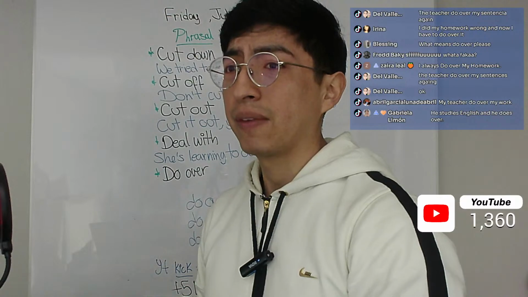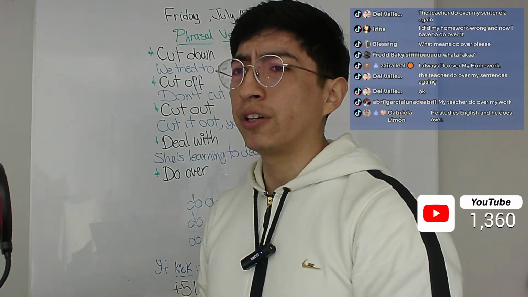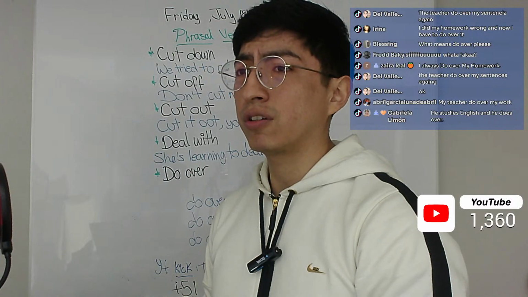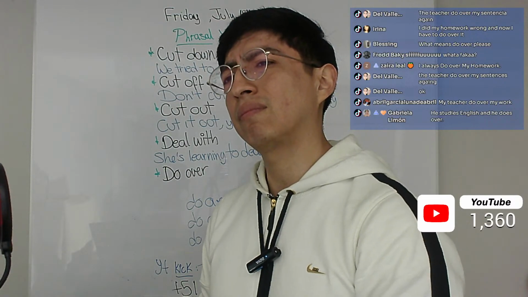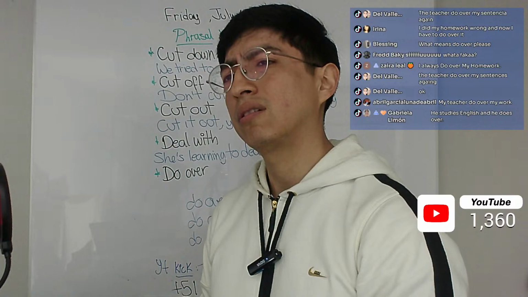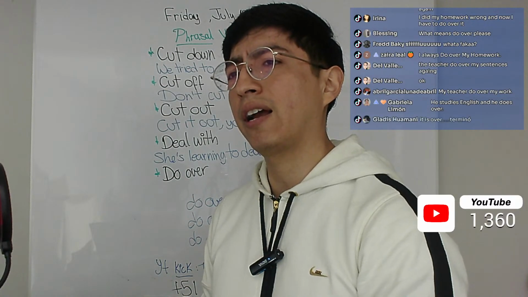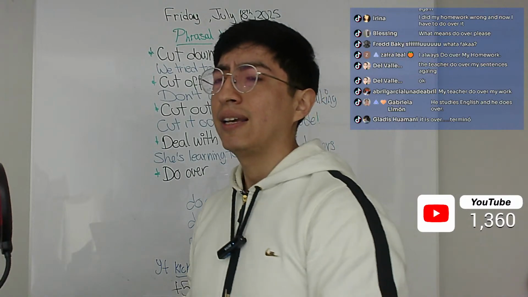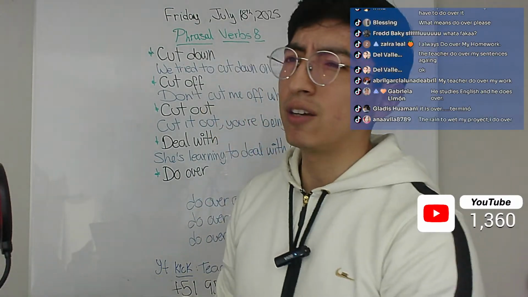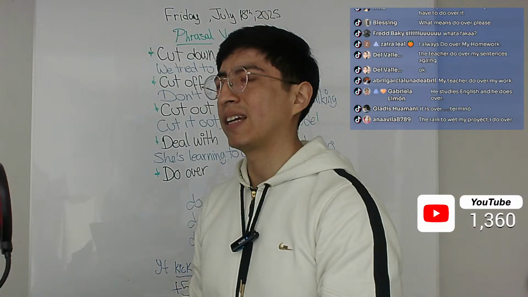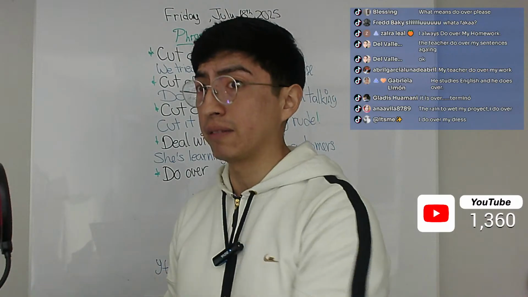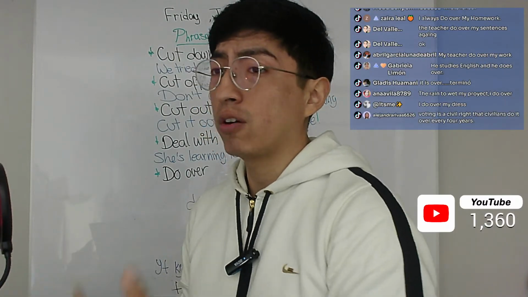You have to do over your calculations. I do my homework. Okay, I did my homework wrong, and now I have to do it over. Yeah, maybe Irina, you can say, I did my homework wrong, or maybe you can say, I didn't do my homework correctly, and now I have to do it over.